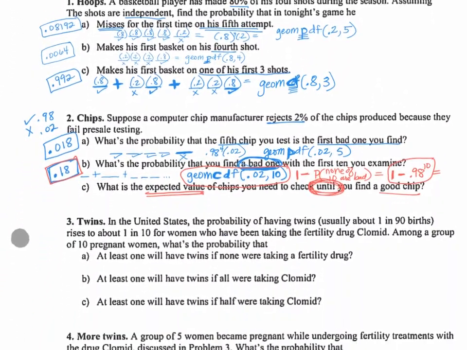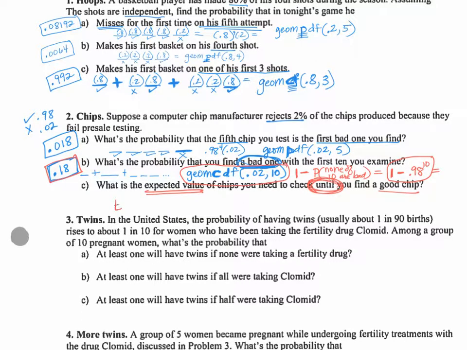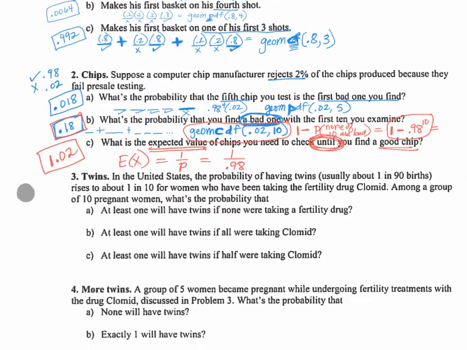That's 1 over p. So the expected count will be 1 over, let's see, we want the good one, 0.98. And so that comes out to be 1.02 as your answer. All right, so those are the geometrics I wanted to check for you.